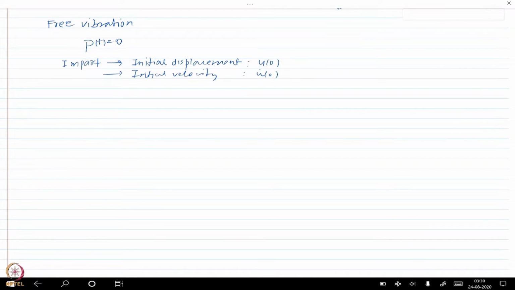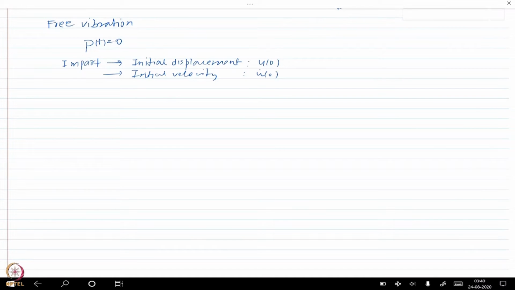That would be imparting initial velocity, because the hammer imparts a large force in a very small amount of time, so the system does not have time to react, and it won't have initial displacement as such, but because of the large force in a short duration of time, it would acquire initial velocity. We are going to discuss that, that is called impulse, and how we impart that. So these are the two conditions through which we can initiate free vibration in a system.